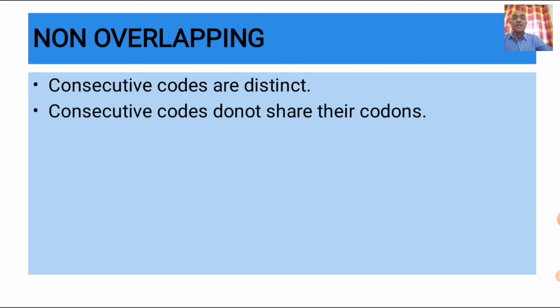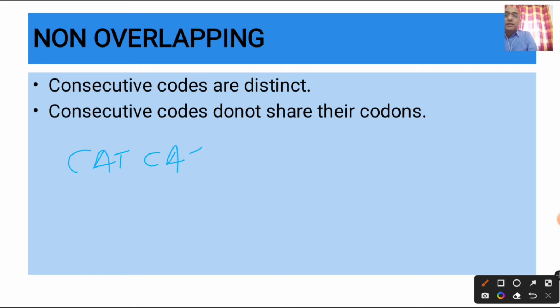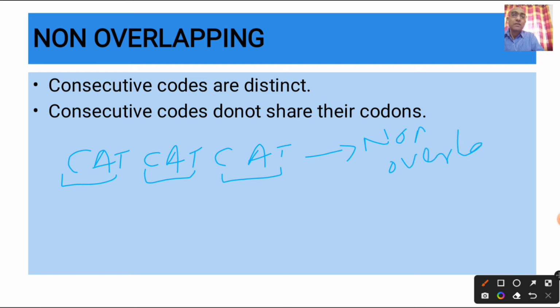That means if the codons are CAT, CAT, CAT, this is what non-overlapping means. It's a separate codon, a separate codon, a separate codon. Non-overlapping.